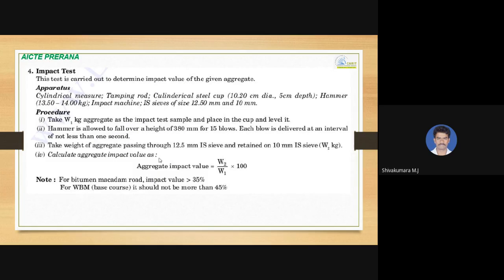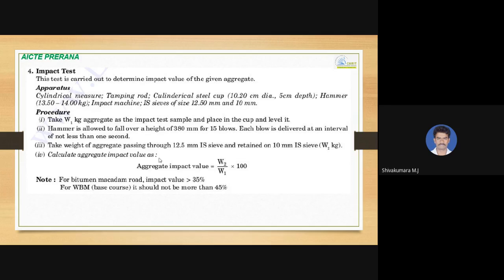The next is the impact value test. To check whether the aggregates are capable of taking sudden impacts, we can conduct an impact value test. The apparatus consists of cylindrical measures of different sizes, a tamping rod, a cylindrical steel cup of 10.2 centimeter diameter and 5 centimeter depth, and a hammer of weight 13.5 kg to 14 kg, in that range.